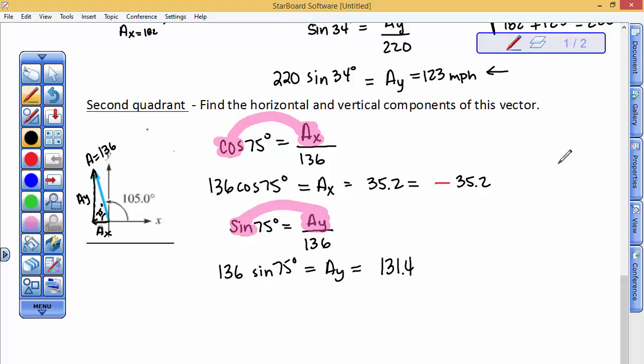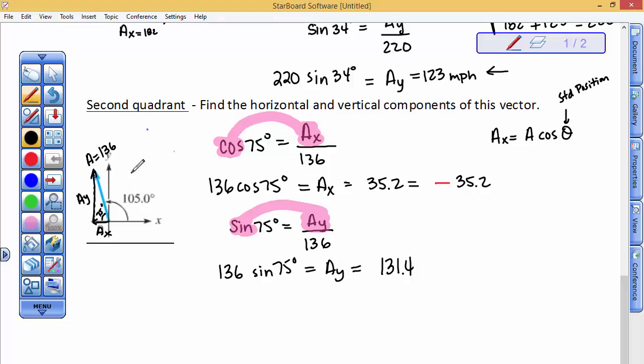But I'm now going to share with you that from now on, if you wanted to find the x component of a vector, you could take the magnitude of the vector times the cosine of the angle. Look, that's what we've been doing. Magnitude times the cosine of the angle. But the angle could be the angle that's in standard position. Standard position, remember, means an angle that starts from this x-axis and rotates clockwise to this 105 degrees.